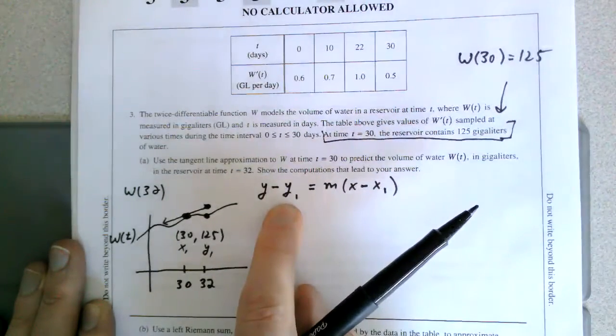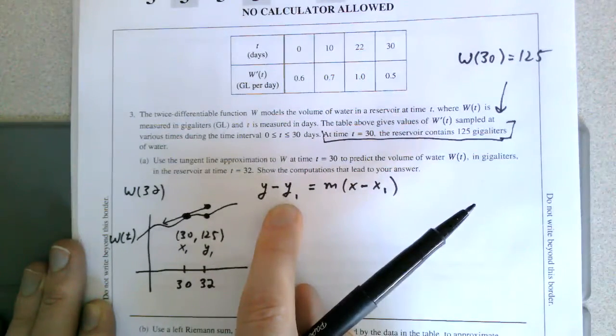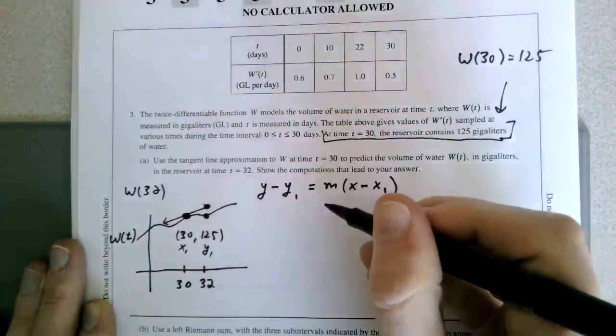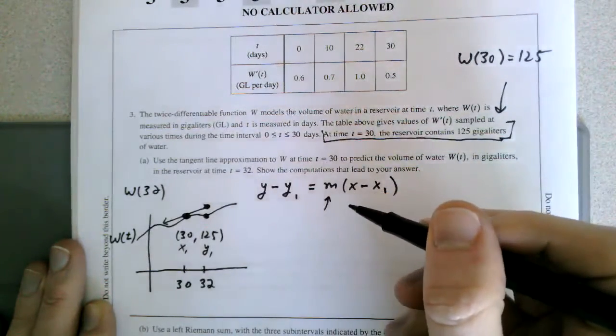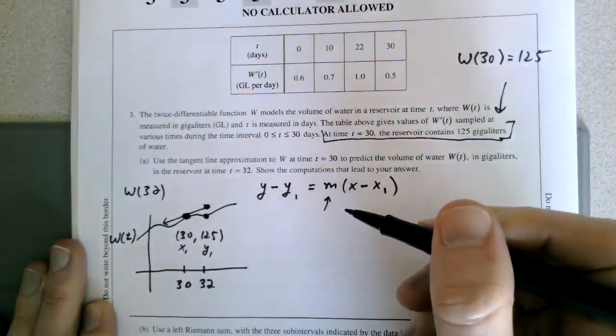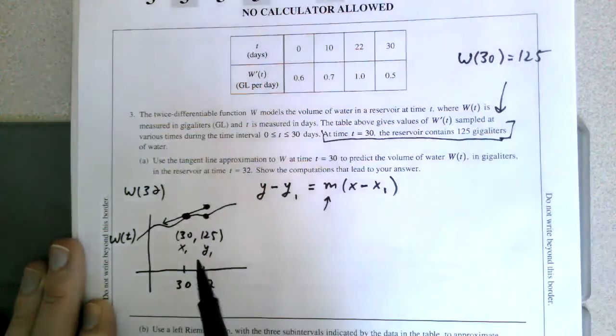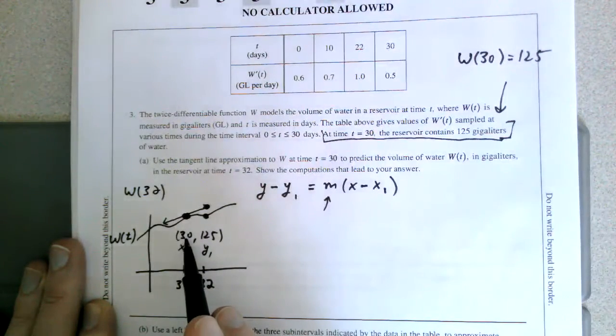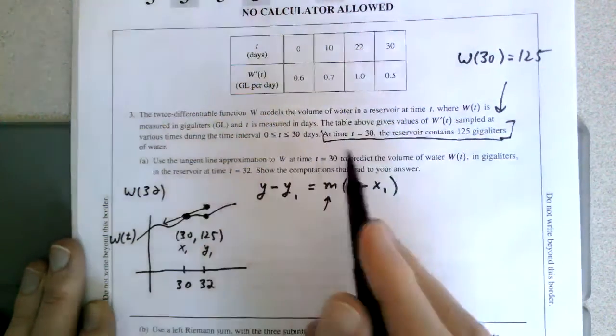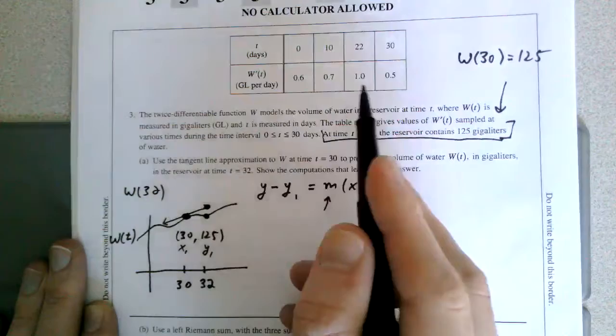To finish writing down the equation of the tangent line, the only other thing we need is the slope m, which is of course the slope of the tangent line. Normally, what you would do to find this is you would plug 30 into the derivative of W, but we don't really have a formula for W. Instead, what we have is a table showing us some values of W prime.